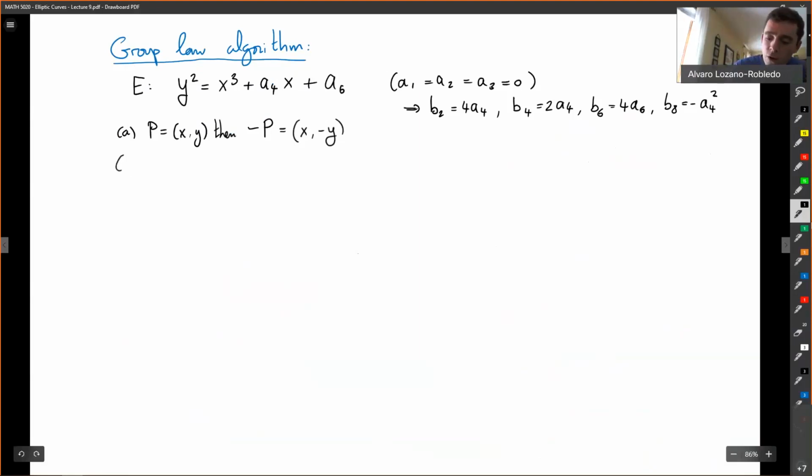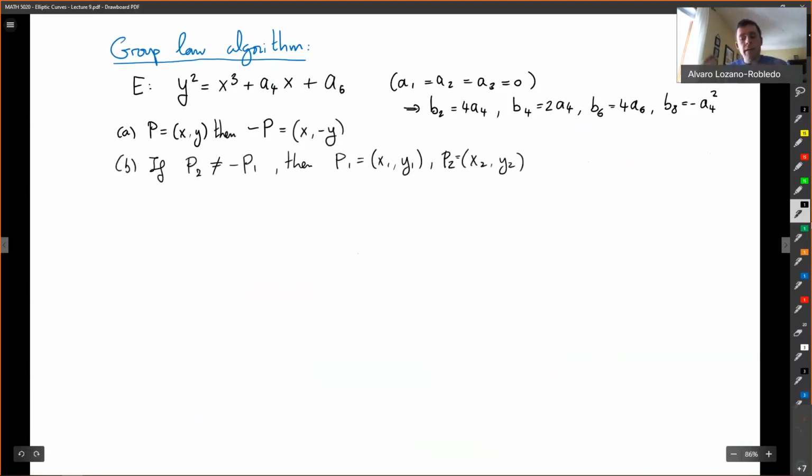And now what happens if P2 is not minus P1? How do you add P1 and P2? If P1 is x1, y1, and P2 equals x2, y2, then you can actually just do the formula.